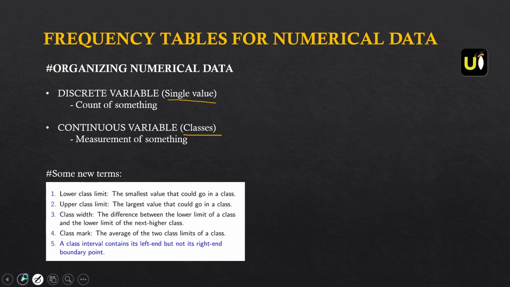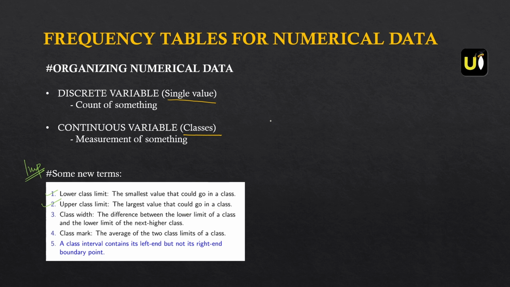So here are some important new terms which you have to revise. The first one is lower class limit, the smallest value that could go in a class. Upper class limit, the largest value that could go in a class.